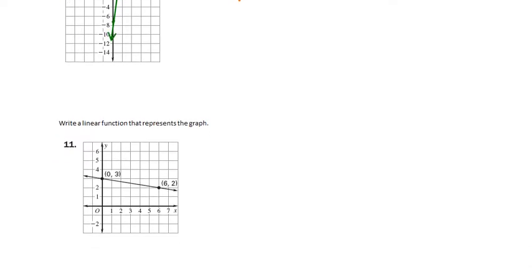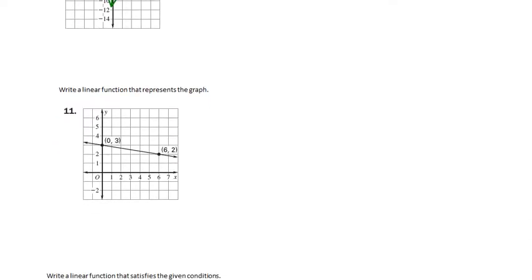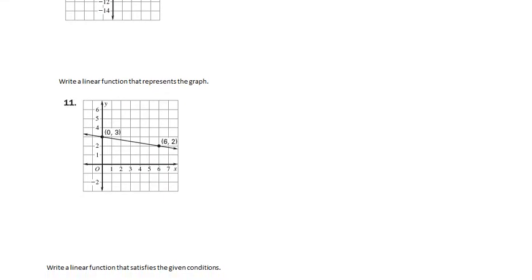Let's look at another example, one more example. It says write a linear function that represents the graph. Alright, I know I have 2 points here. I have 0, 3 is 1 point, and 6, 2 is another point. Right? So if I call my function f, I know that if I put 0 in for x, my answer is going to be 3.